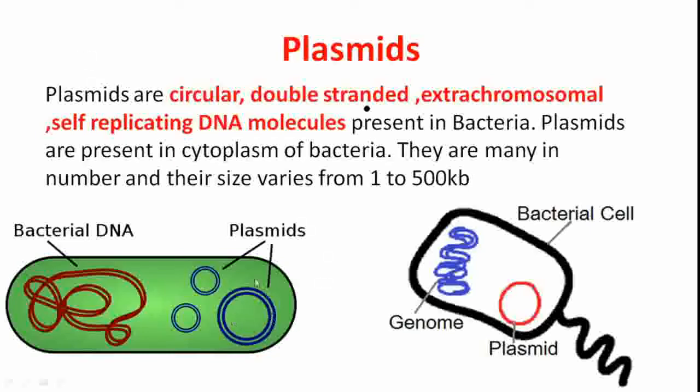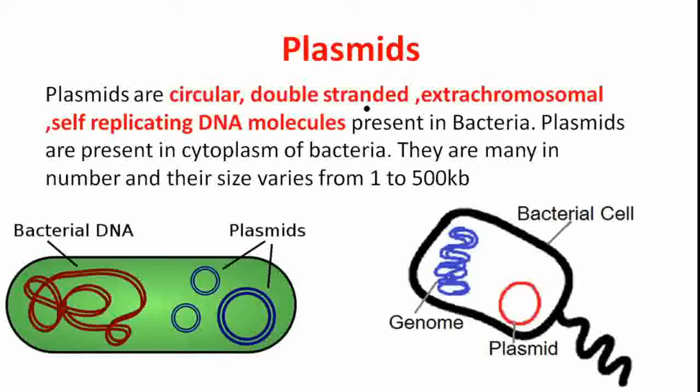So plasmids are circular, double stranded, extra chromosomal, self-replicating DNA molecules, other than the original DNA. It means the plasmid is also a DNA molecule which can self-replicate, present in the bacteria other than the bacterial DNA, and this one is called plasmids. These plasmids are present in the cytoplasm of bacteria.